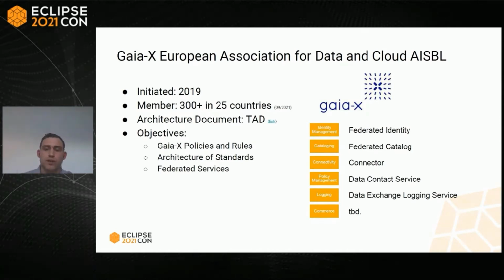This is also related to the essential services, adding different perspectives. So there are different perspectives between GAIA-X and IDS. I also mentioned here on the right what kind of components can be compared to the essential services from this initiative.